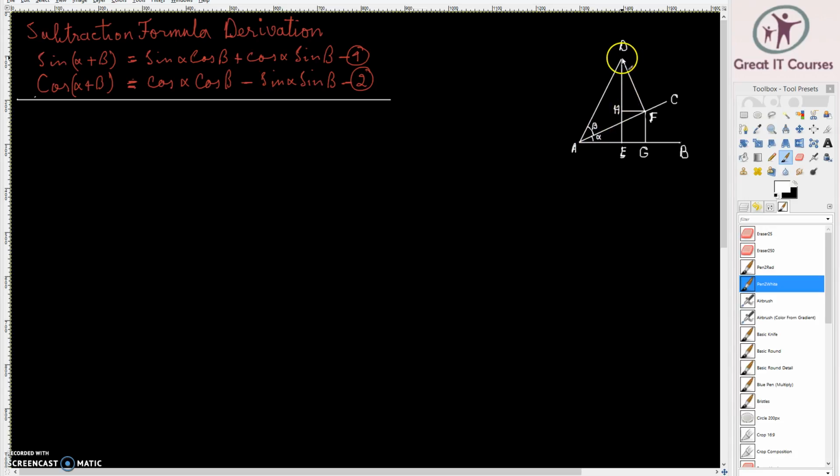Now you need to draw a perpendicular DE to AB. So DE is perpendicular to AB, and this is 90 degrees.